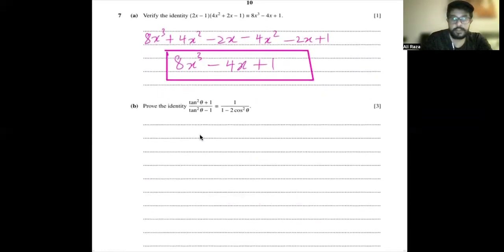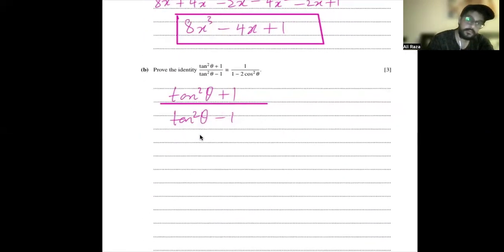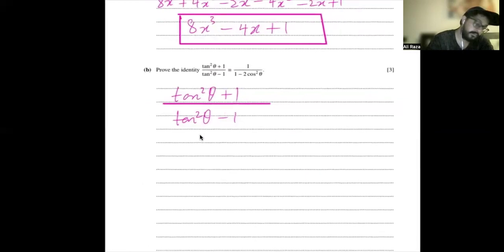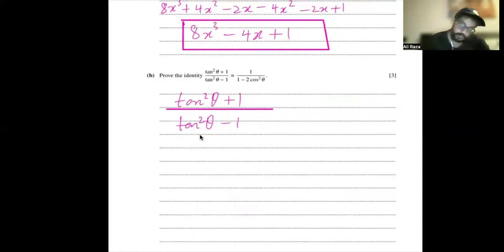Now in part B, we need to prove the identity. So tan square theta plus 1 upon tan square theta minus 1. So we could break this into sine square over cos square.